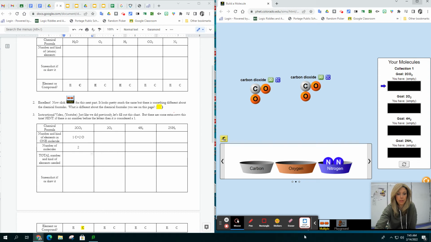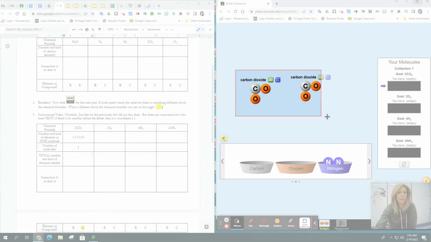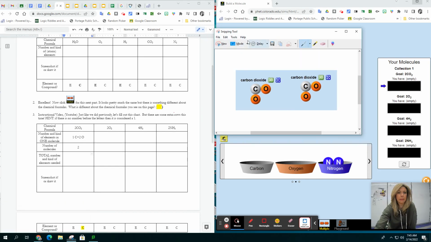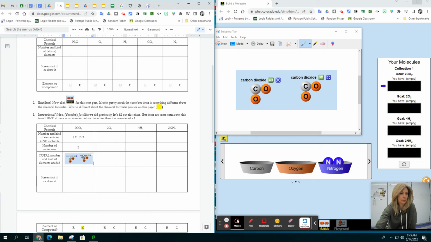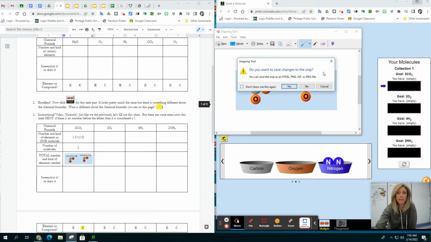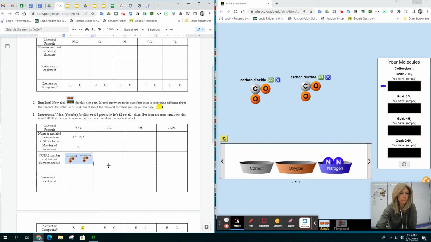Okay, now I'm going to take a screenshot. Copy it. All right, so for the entire thing, how many total number and kind of elements are needed?